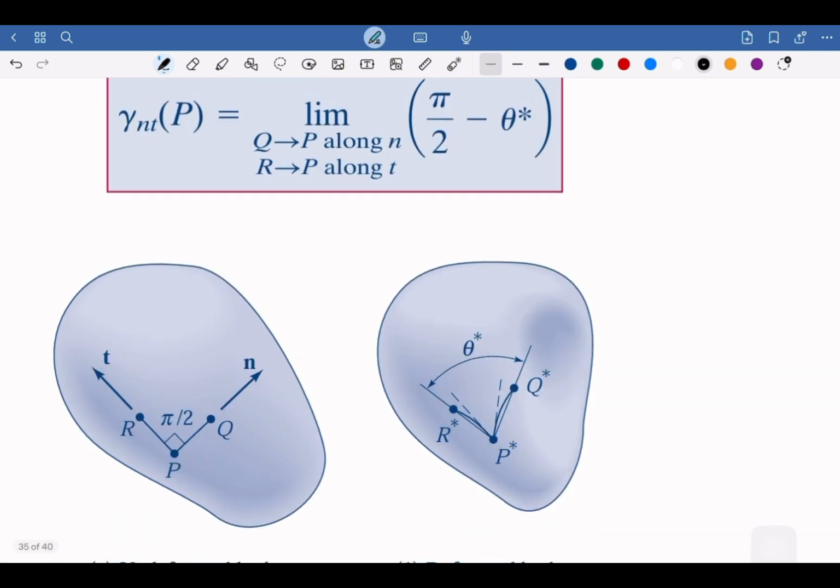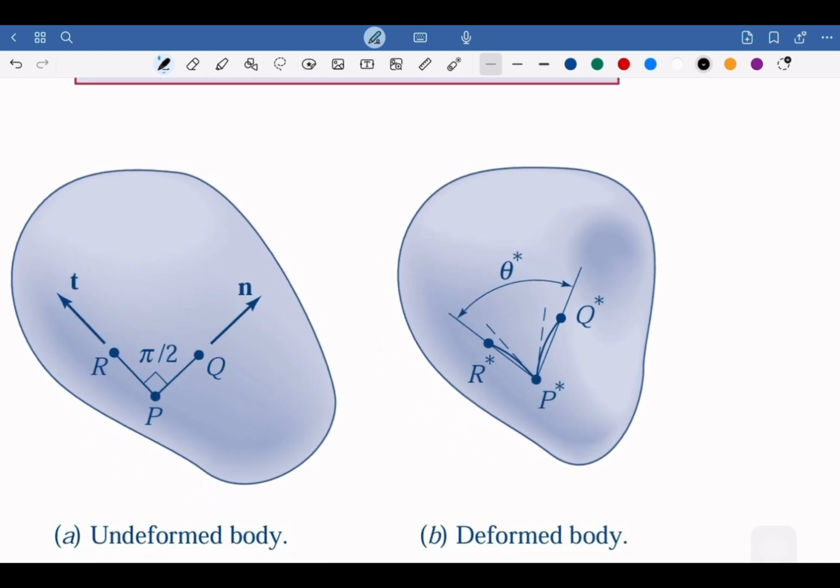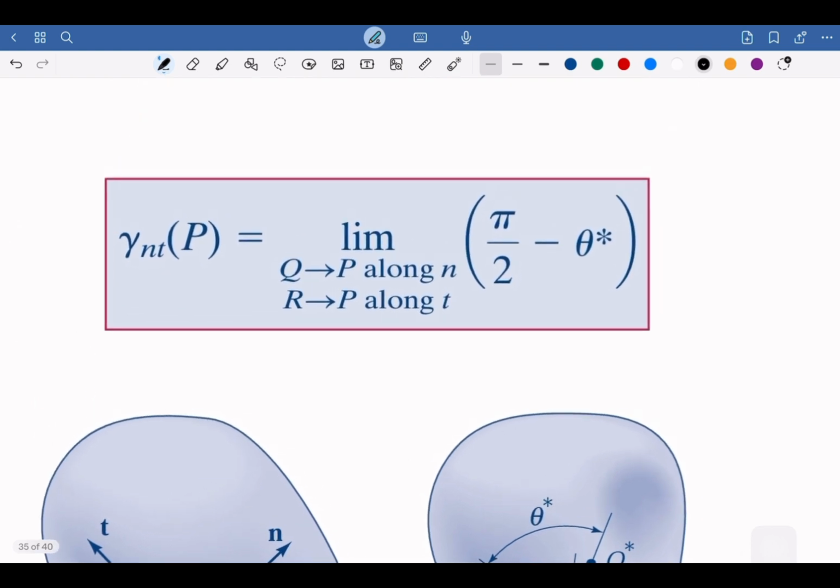And remember, every time we are observing some elements like this, it means that this line PR and PQ are very, very small elements, or we could say infinitesimal elements, and we define that as this limit.